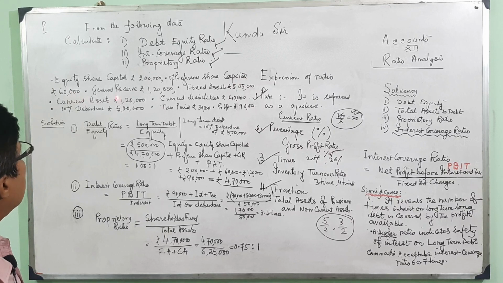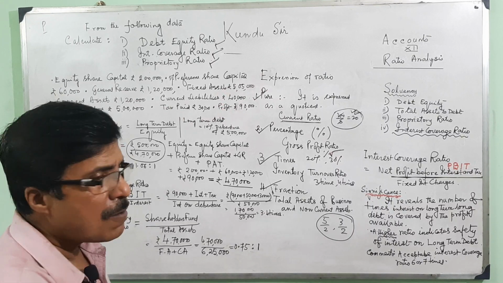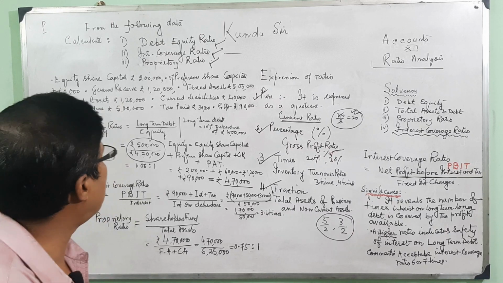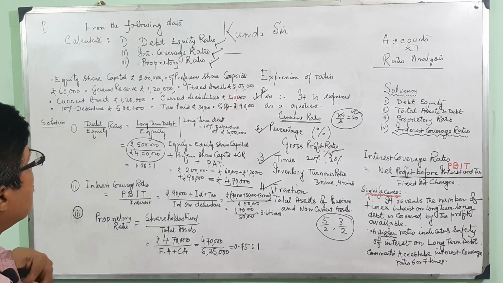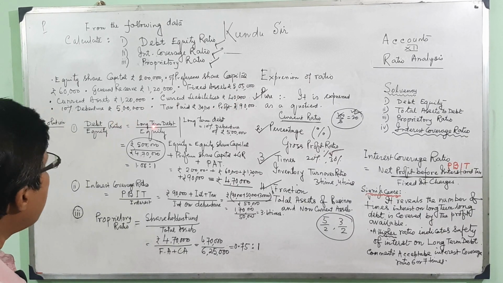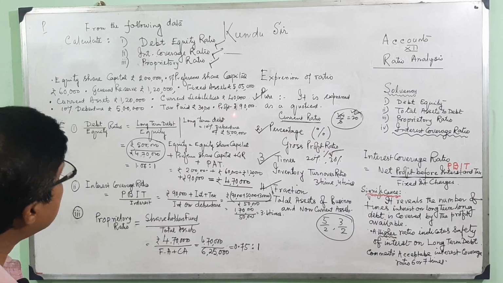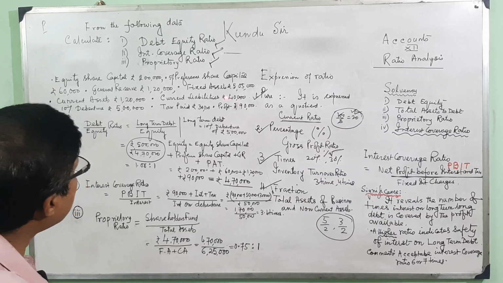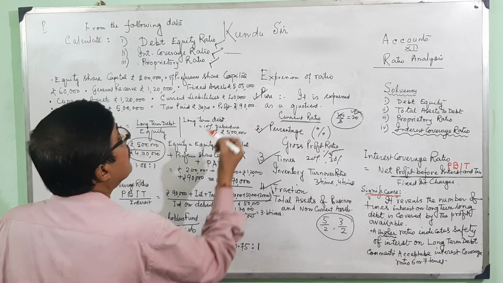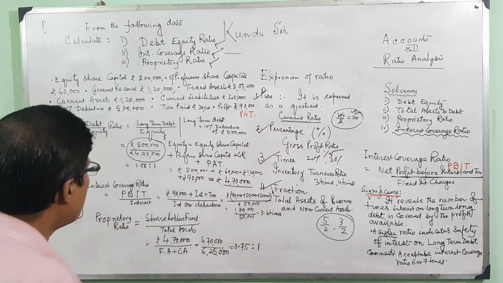It is 60,000. General reserve 1,20,000 and fixed asset equal to 5,05,000, current asset equal to 1,20,000 and current liabilities is 40,000. 10% interest bearing debenture is 5 lakhs, tax paid is 30,000, and profit after tax is 90,000.